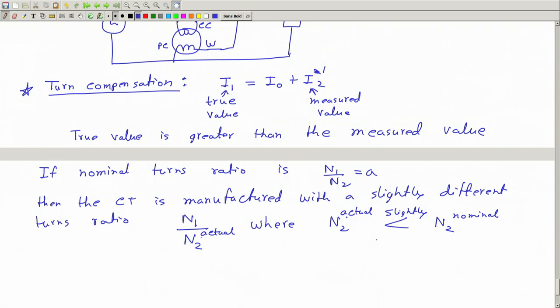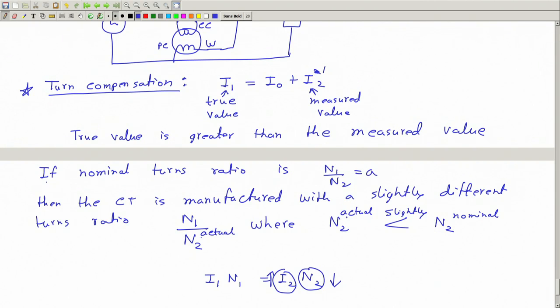Then what will happen? The secondary current will be slightly more than the nominal value. We know the relationship I1 N1 is equal to I2 N2. So if this value N2 is slightly lower, then this value will be slightly higher, and therefore we will get a slightly higher reading.